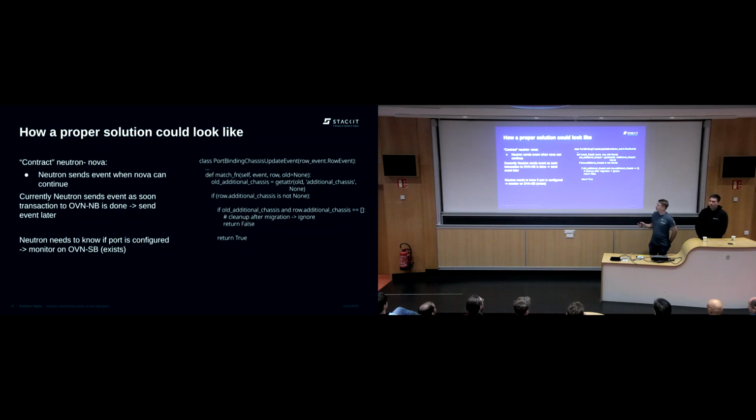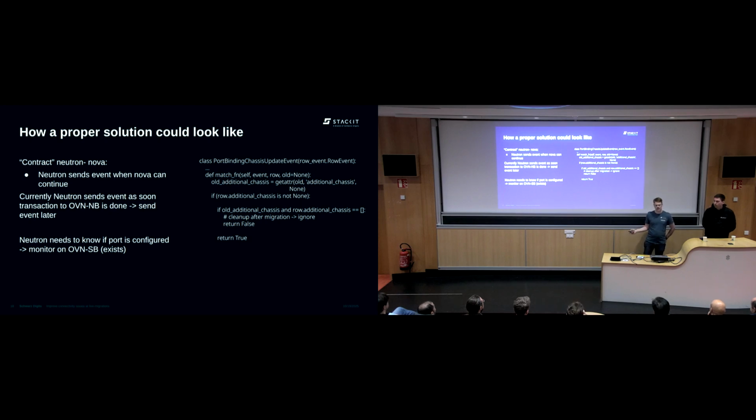Some time ago, Nova wasn't waiting for this event for the OVN use case. This had historical reasons, because, like we expected before, OVN in earlier versions wasn't so reliable, and Nova sometimes missed that event, so it got patched out.